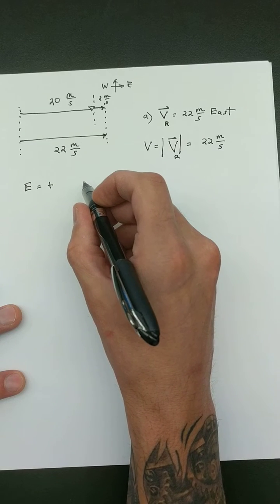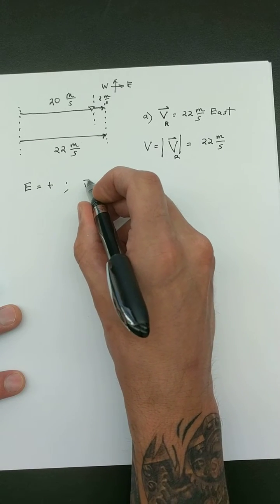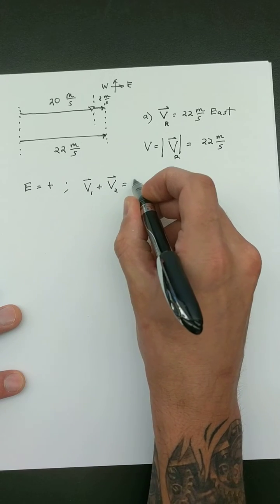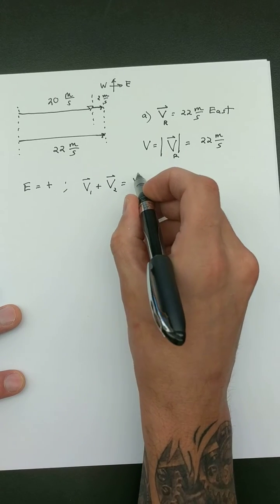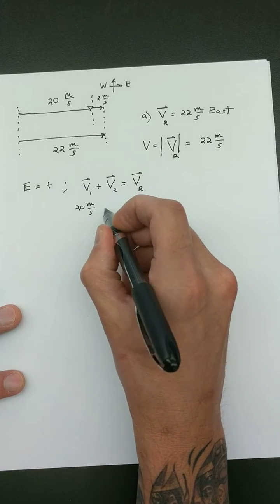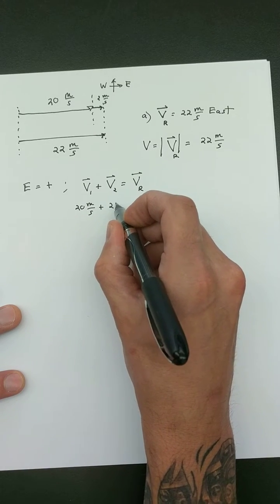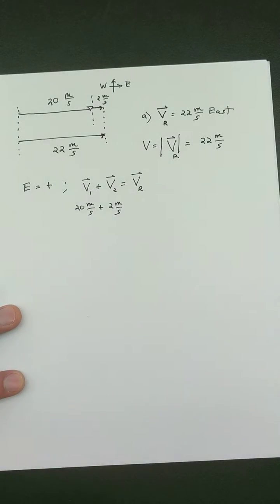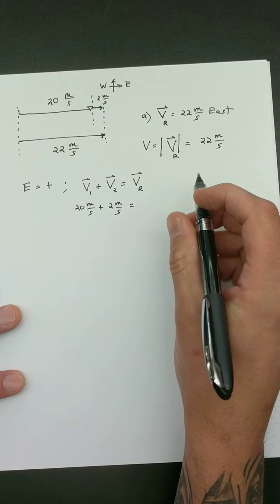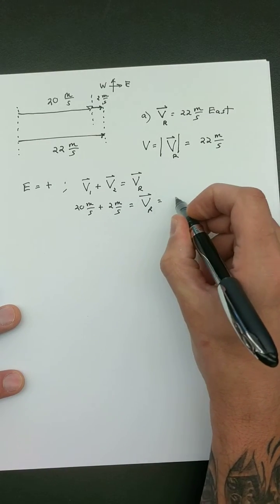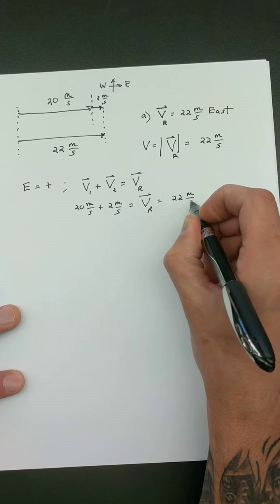Now, using our proper notation, I could say V1 plus V2 equals V_R: 20 meters per second plus 2 meters per second, both positive because both point east, and I've chosen this to be the positive direction, equals V_R. And again, that equals 22 meters per second.